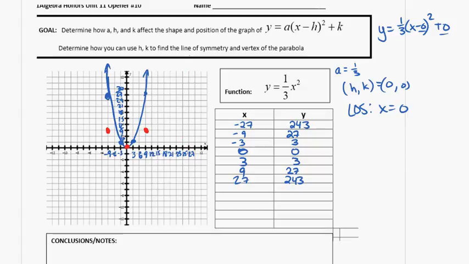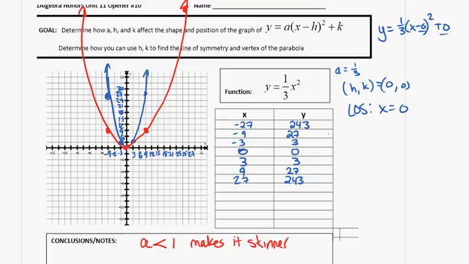Way up here. You can see that it would be fatter because the jumps aren't as drastic for every x I go over. So it appears like the a less than 1 makes it skinnier.